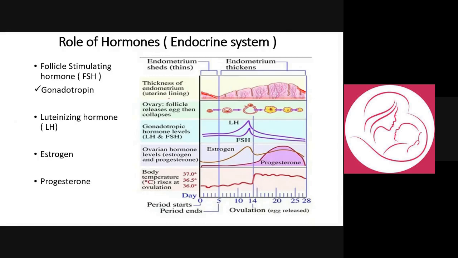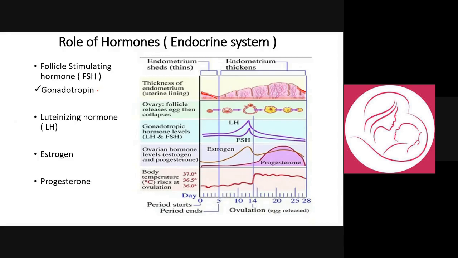Now, if you come to the next diagram, you see the development of your egg taking place in your ovary. One of the important hormones responsible for this is follicle stimulating hormone.